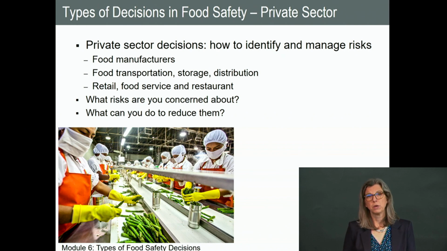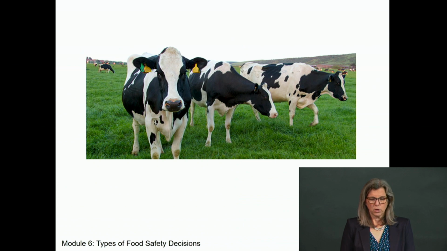What are the tools that you have in your toolkit, in your control, that you can implement to reduce the likelihood of harm from the food that you're providing. Again, this would include food production, which would include the original source, the agricultural sources of the food, all the way up through food processing and storage and so on.